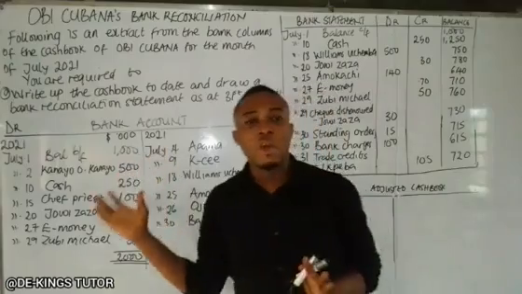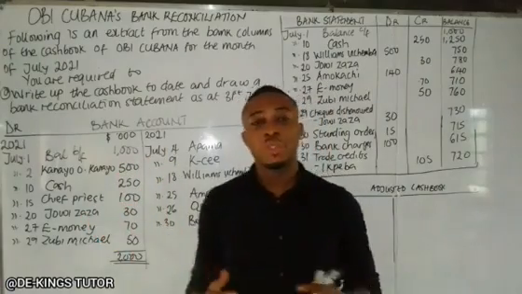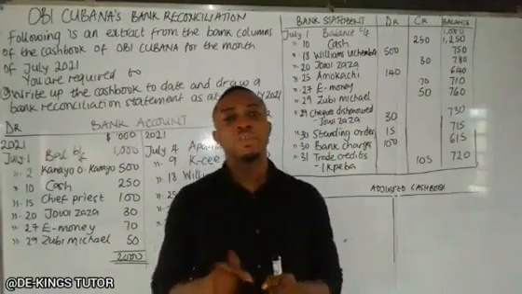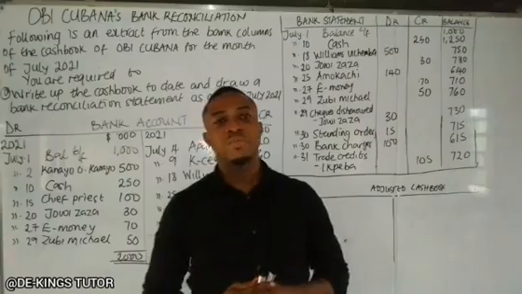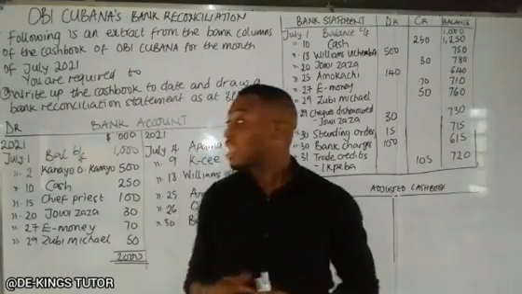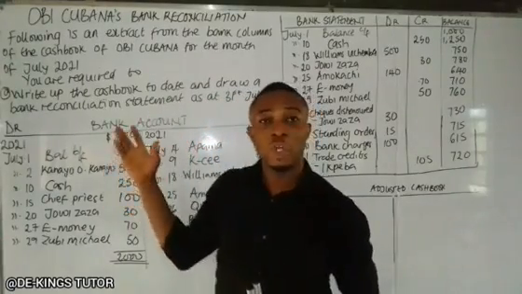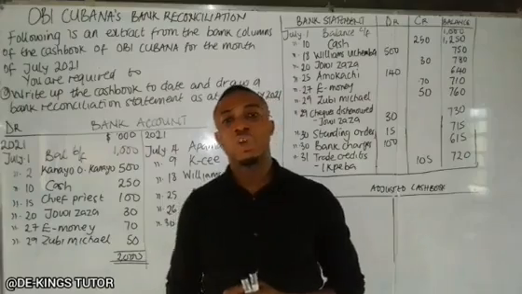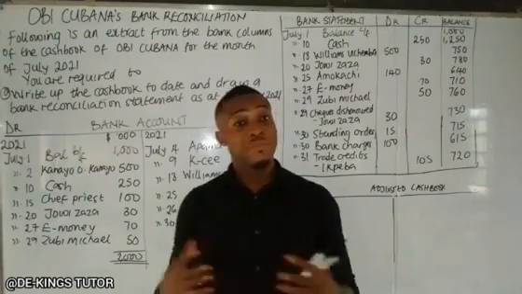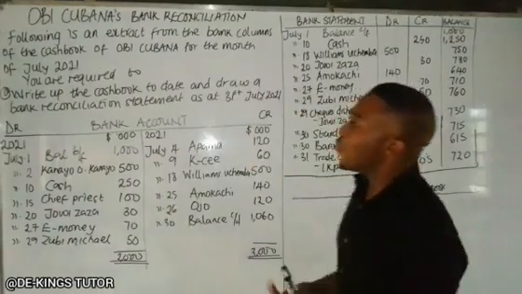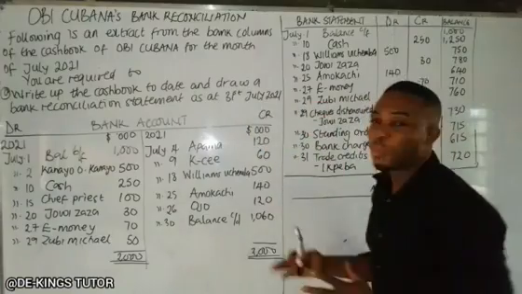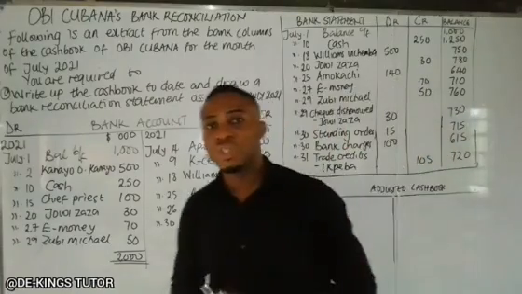Now that is the second method of the bank reconciliation we talked about. If you have not seen that video, check the link below this video on my YouTube channel to see the other types and methods of bank reconciliation statement. Okay, we have done that before. Now we are given this and we are asked to prepare the bank reconciliation statement.